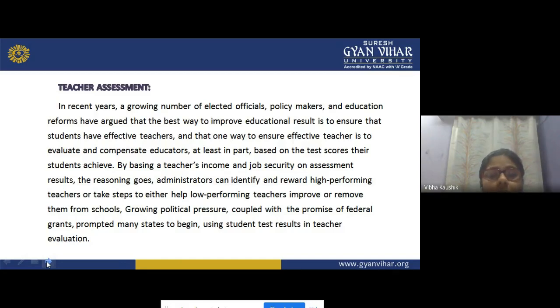By basing a teacher's income and job security on assessment results, the reasoning goes, administrators can identify and reward high performing teachers.